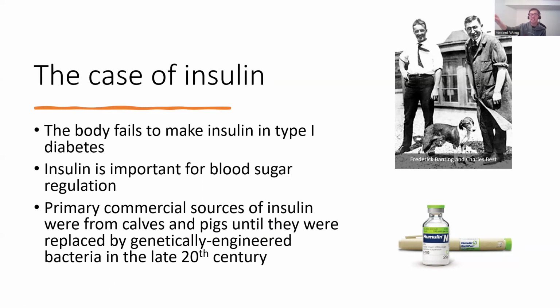What are some factors that you can think of that tell you this might not be the best idea? It might not be the most suitable idea. Okay, let me rephrase. What are some disadvantages of using insulin from cows and pigs for humans?